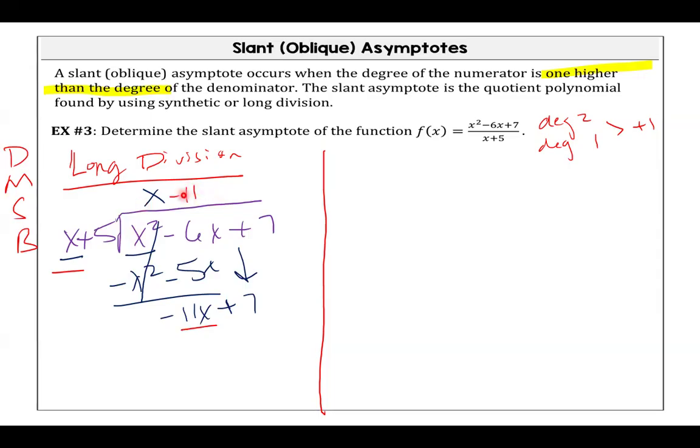We're on the multiply part, right? When you have a binomial or polynomial, what you multiply one term by, you have to multiply every term by, right? So negative 11 times x, negative 11 times 5. Are you with me? Okay, so negative 11x, and that's going to make negative 55.